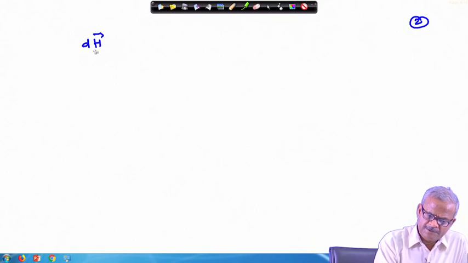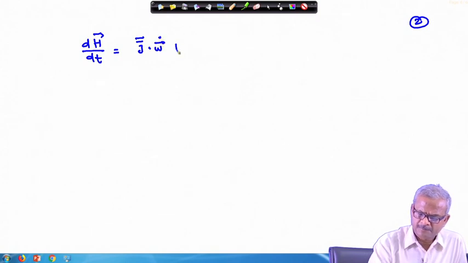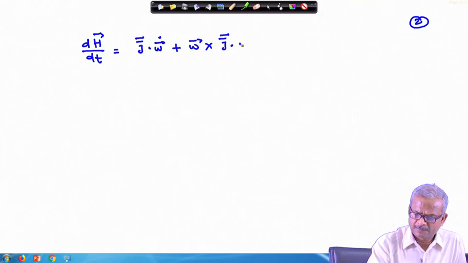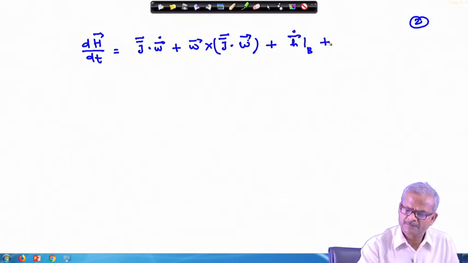So, we have dH by dt equal to J omega dot plus omega cross J omega, plus h dot, this is with respect to the body frame, plus omega cross h.